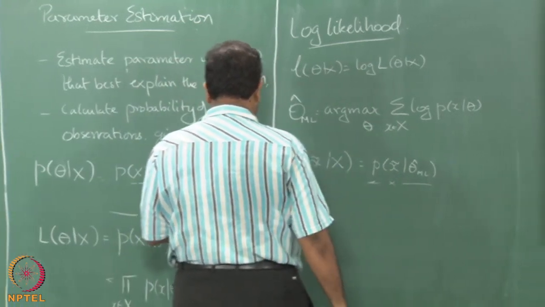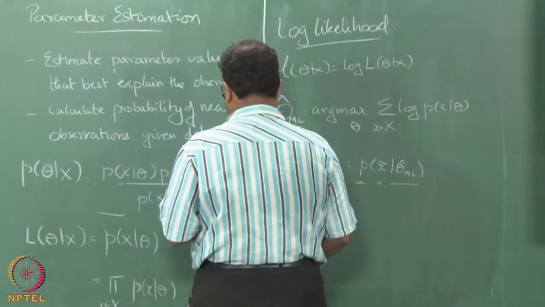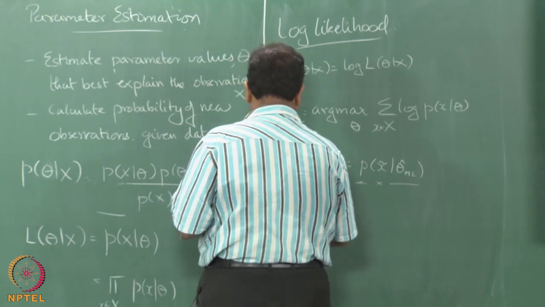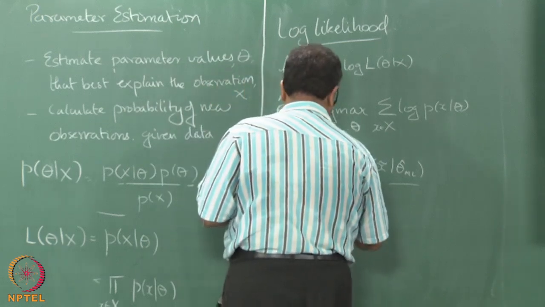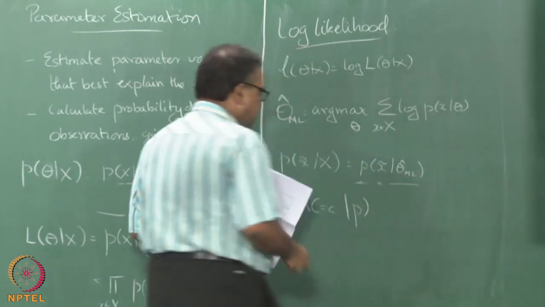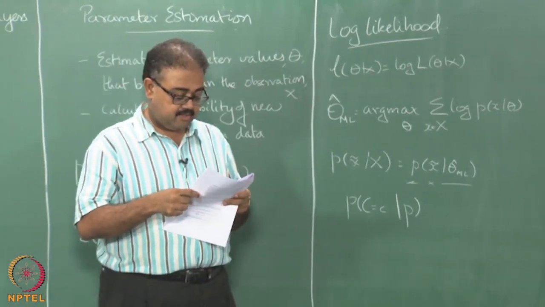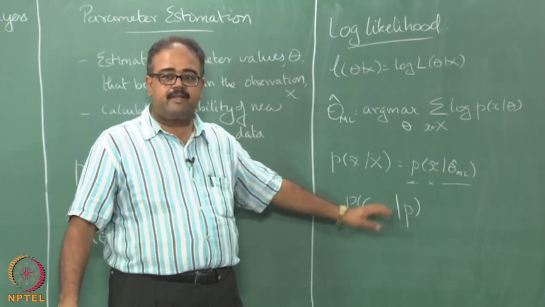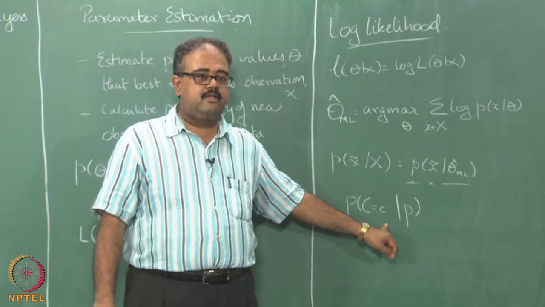Right. So let us look at a simple example. Let us consider the simple coin tossing experiment. So there is a random variable c, which has some outcome lowercase c.